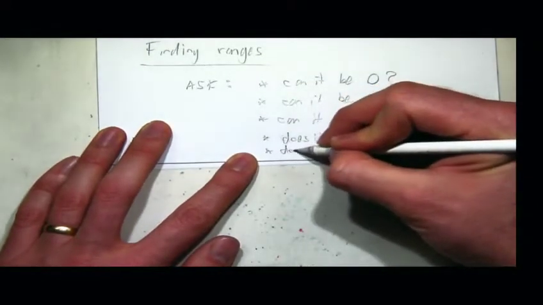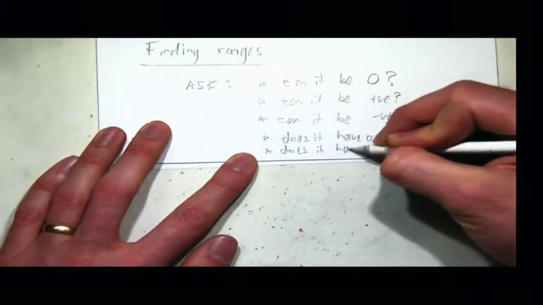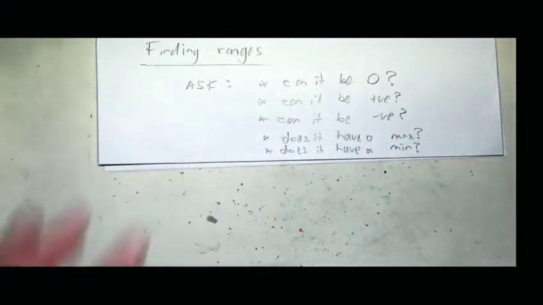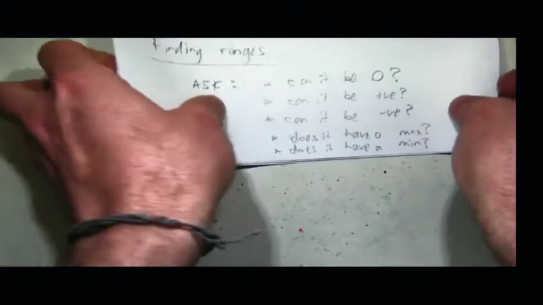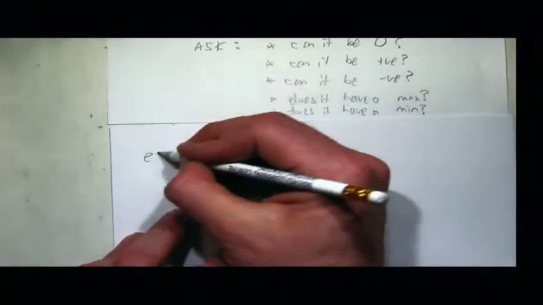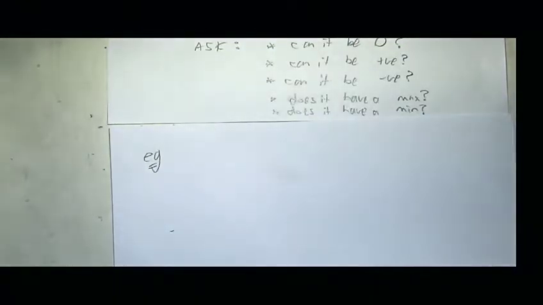And does it have a minimum? Okay? They're my questions. And you don't write them all down that way, but that's what you ask yourself. So I might try and use the same functions I had before.